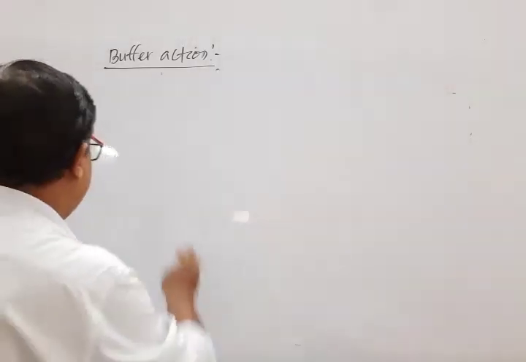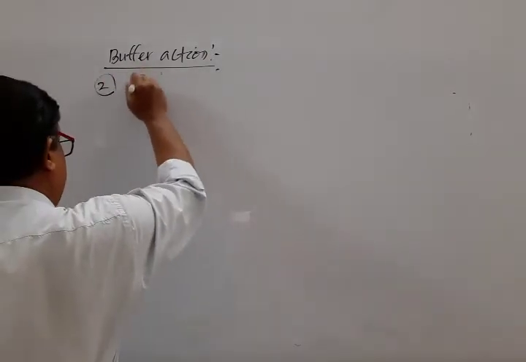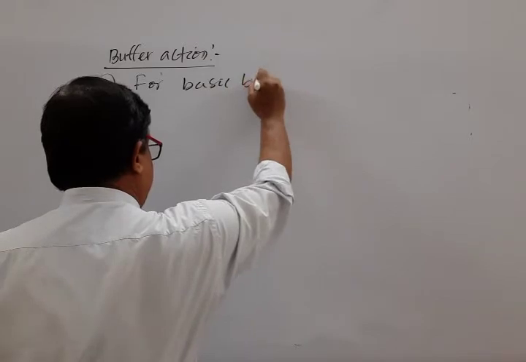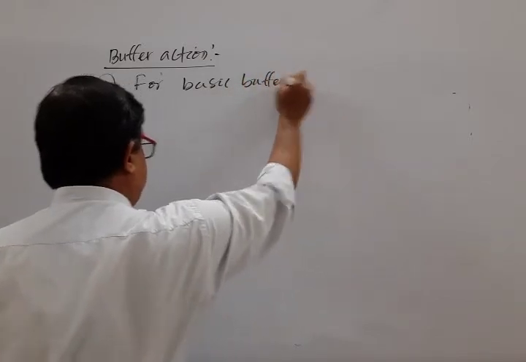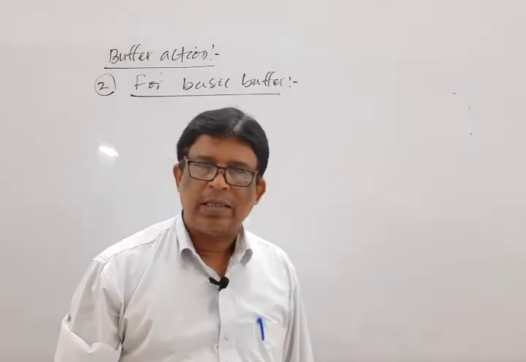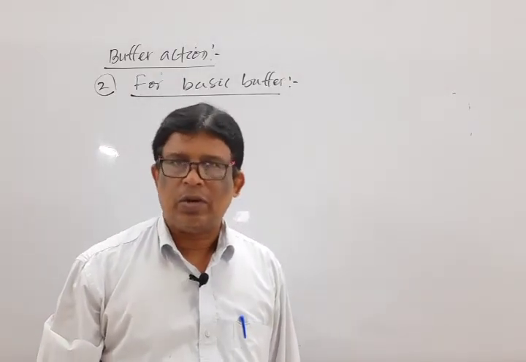Let us select point 2 for basic buffer. We know what a basic buffer is. That means an equimolar mixture of a weak base and its salt of strong acid.